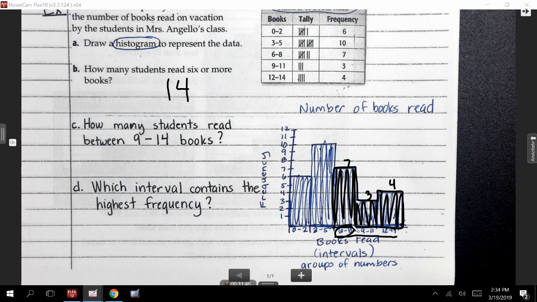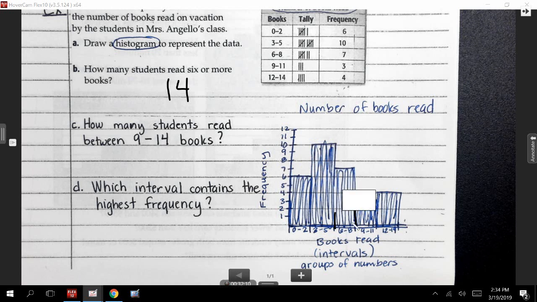But because it said 6 or more, I have to do all of the ones that are 6 and more. London? If it said how many students read 6 to 8 books, what would you say? 7, because it goes up to 7. If I just wanted to know 6 to 8, I would answer with 7.